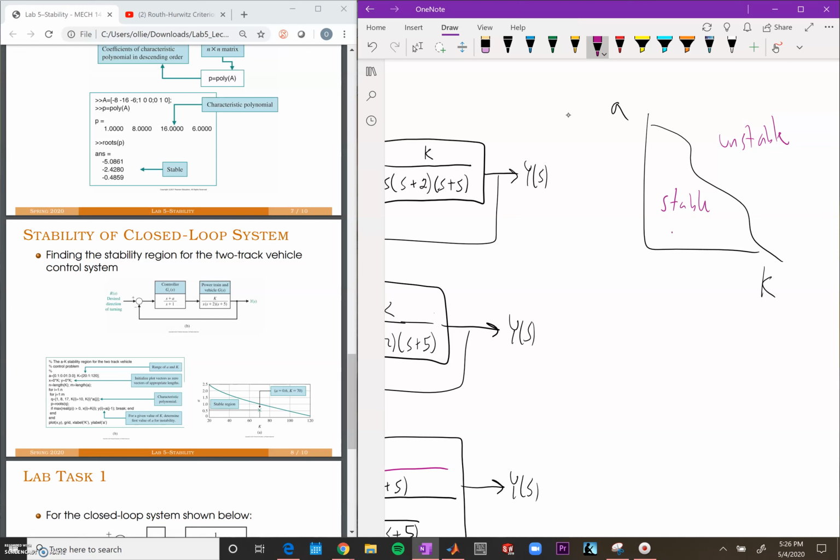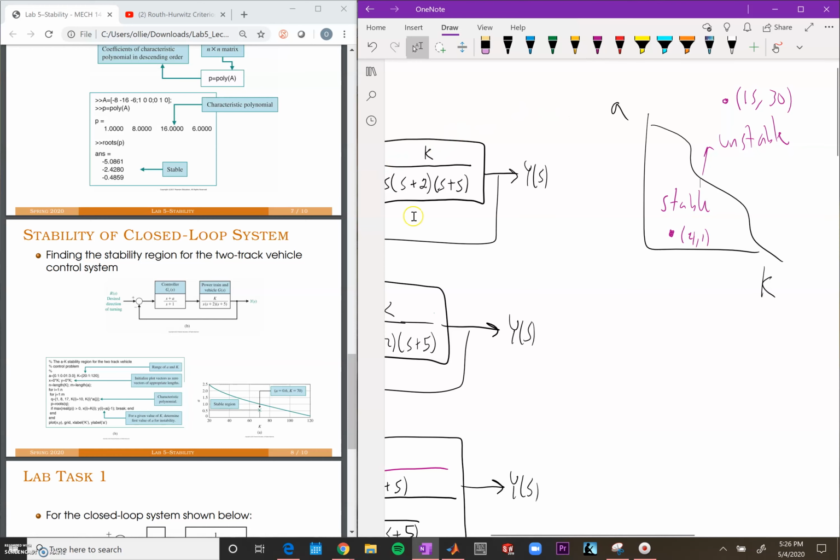So this point here, K equals 4, A equals 1, is going to be stable. This point here, K equals 15, A equals 30, is going to be unstable, because it's above this line.